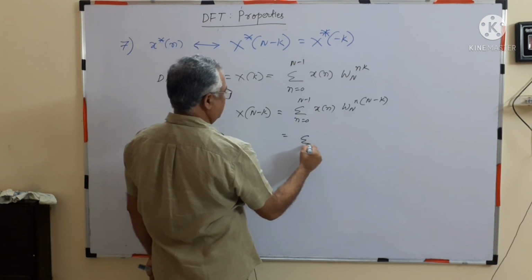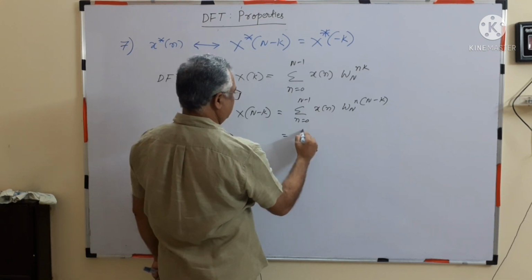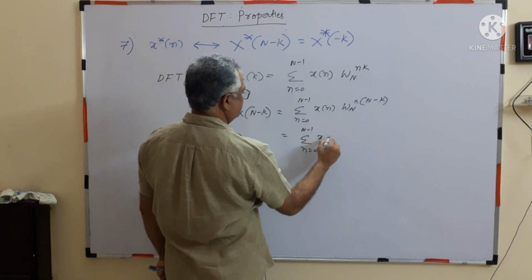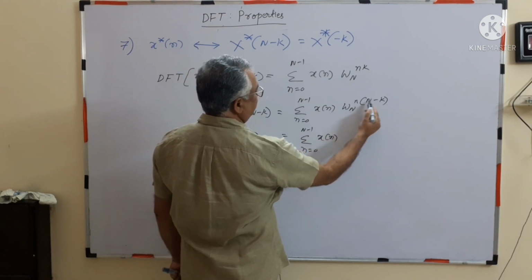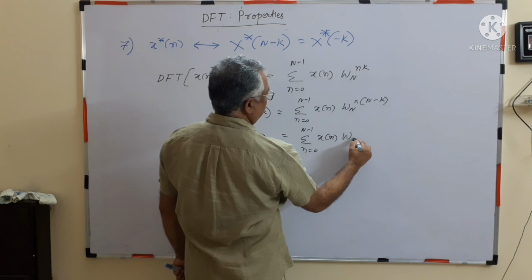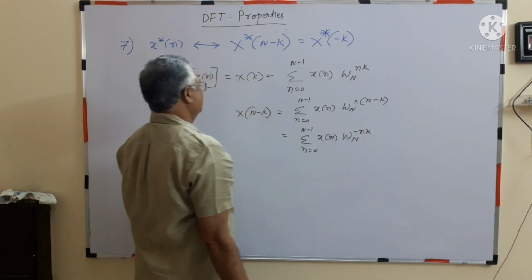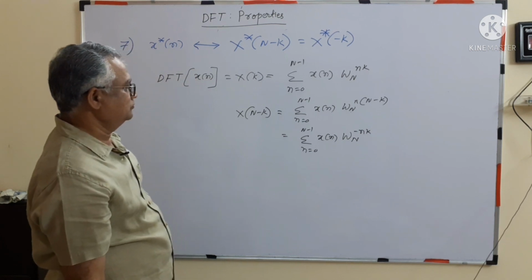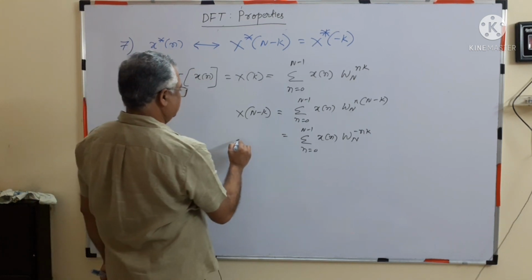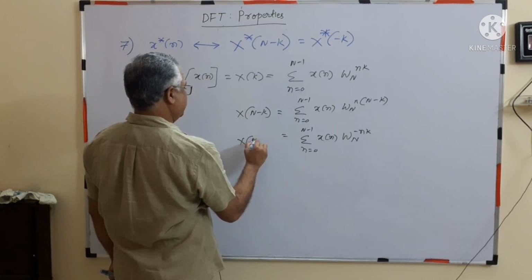So this is nothing but sigma n equal to 0 to N minus 1 of x of n, the N will go, W_N^(minus nk). This is X of N minus k.